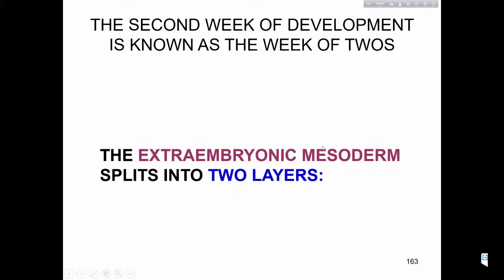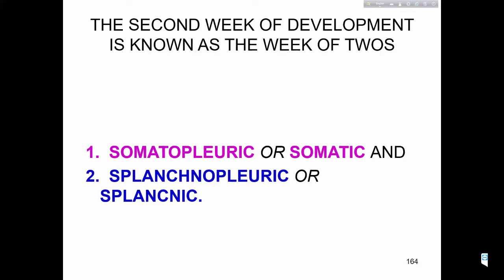Now I'm going back to the week of twos. Why is it called the week of twos? The extraembryonic mesoderm splits into 2 layers. What are these? Somatopleuric or somatic mesoderm and splanchnopleuric or splanchnic mesoderm.